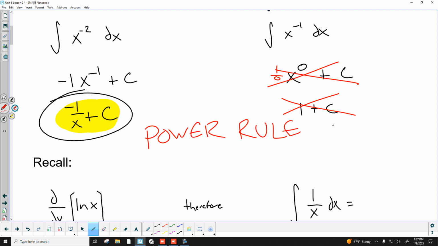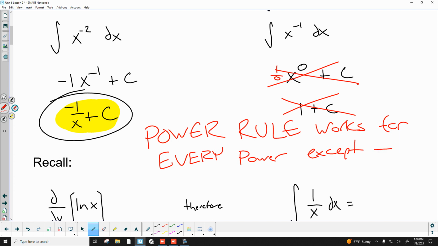Power rule works for every power. This is every negative power: negative 2, negative 3, negative 4, negative a half, negative third. Every positive power except negative 1. We don't use the power rule for a negative first power.